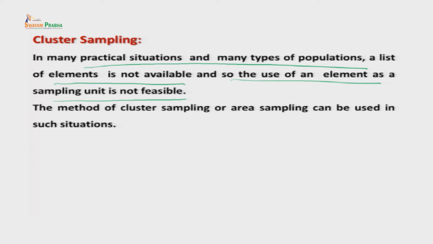In such cases, when it is not possible to create a list of the individual elements, the method of cluster sampling or area sampling can be used, and this helps us.